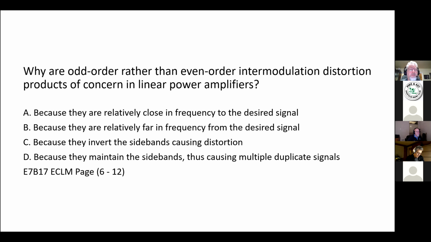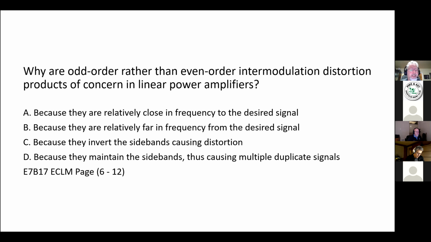Why are odd order rather than even order intermodulation distortion products of concern in a linear power amplifier? A, because they are relatively close in frequency to the desired signal. B, because they are relatively far in frequency from the desired signal.